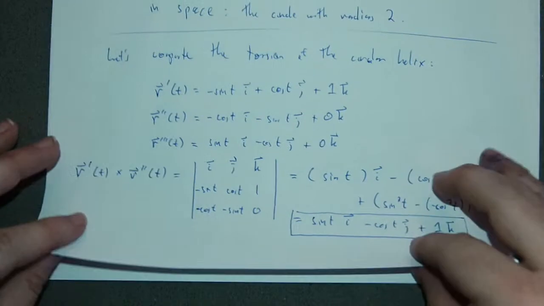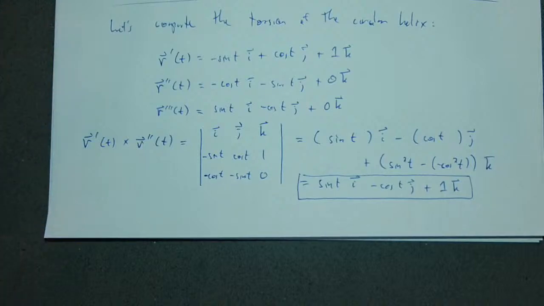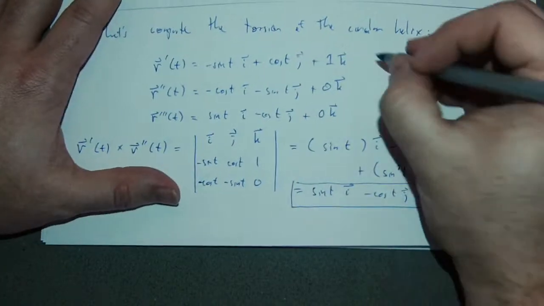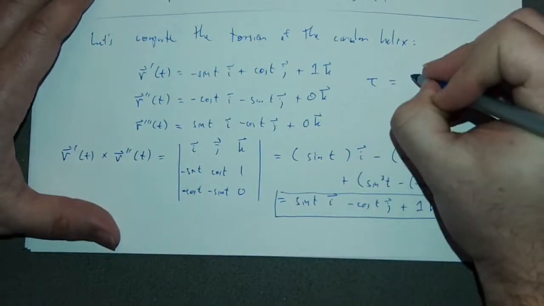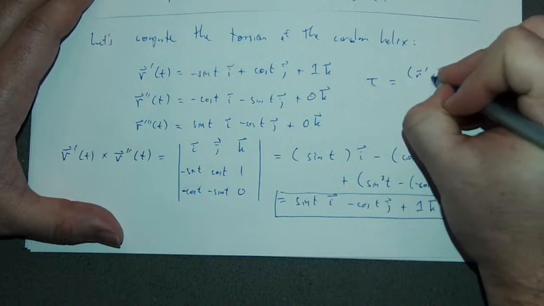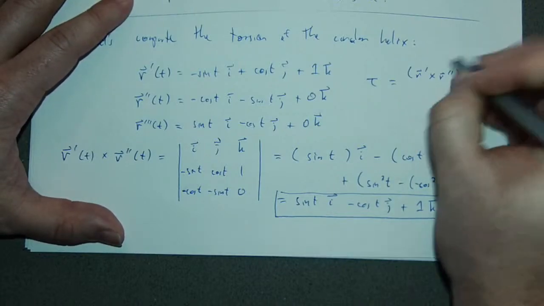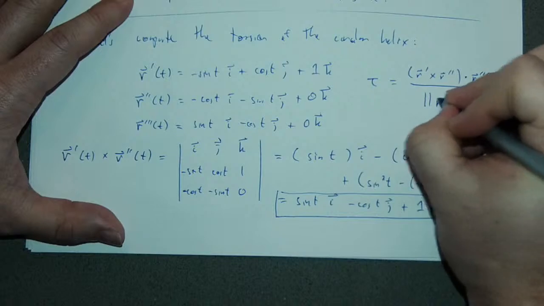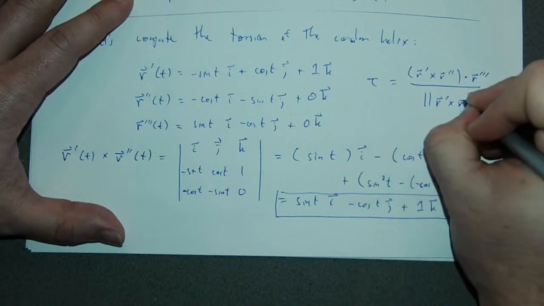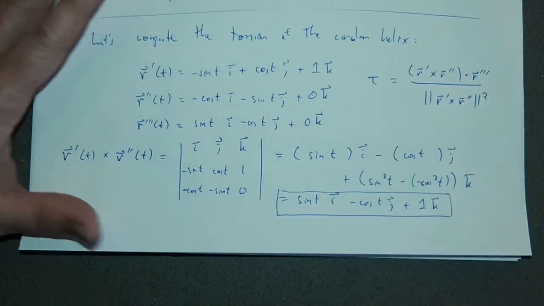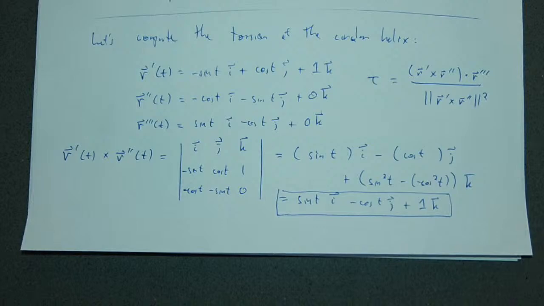All right. Now, I need to compute the length of this. Just to remind you, the torsion of the curve is r prime cross r double prime dotted with r triple prime, all divided by the length of r prime cross r double prime squared. Okay, that's torsion.